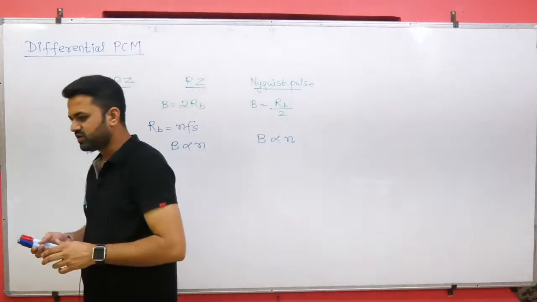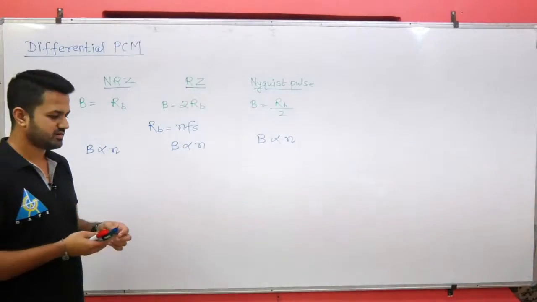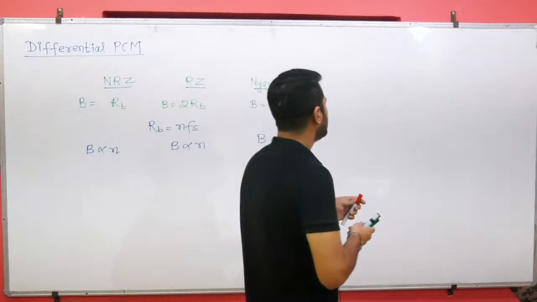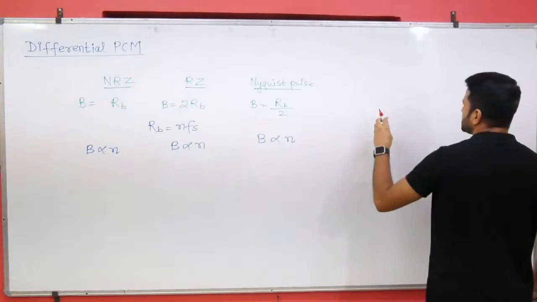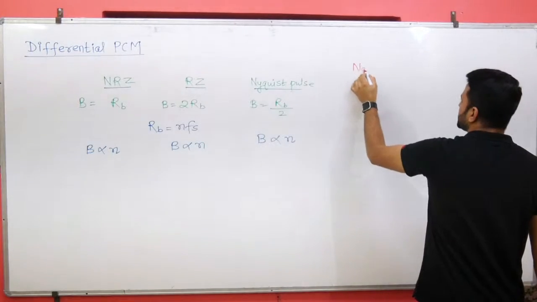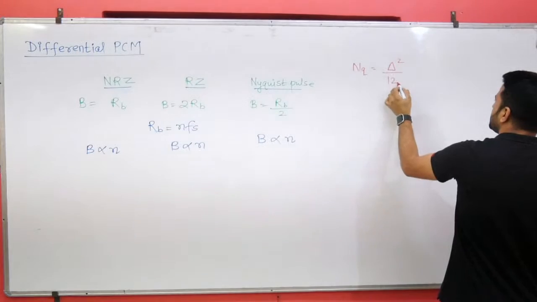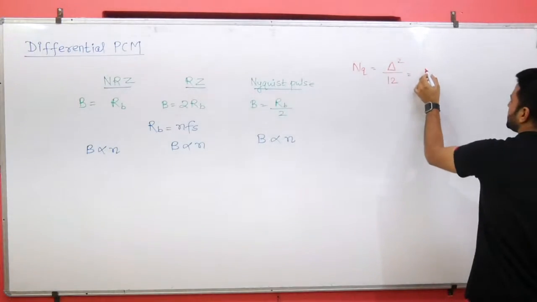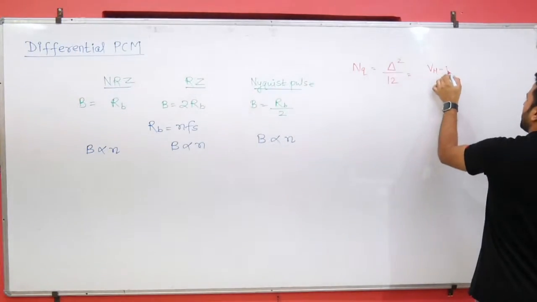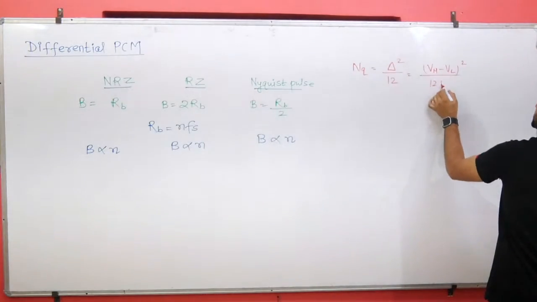So if we want to reduce the quantization noise power to improve the SQNR, the quantization noise power is given by delta square by 12, which is nothing but (VH minus VL) whole square divided by 12 into L square.